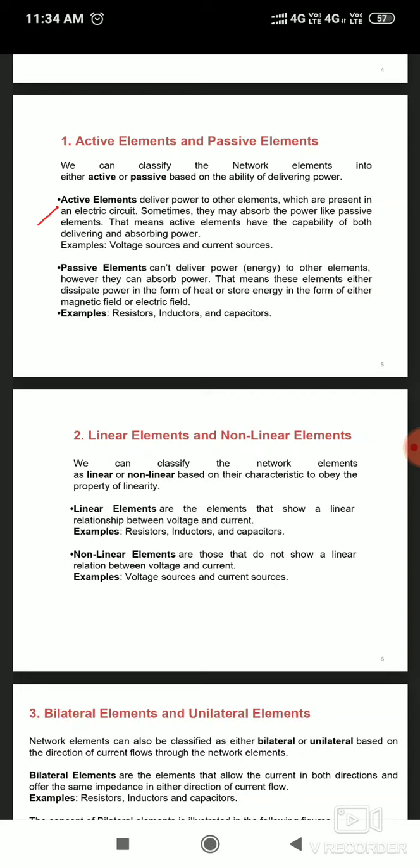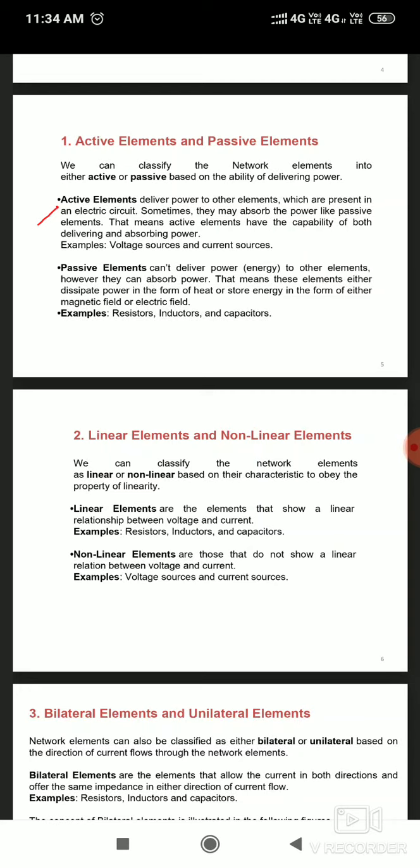Sometimes they may absorb the power like passive elements. It is not compulsory that they must deliver, but generally active elements will deliver the power to the others present in the electrical circuits. So active elements have the capability of both delivering as well as absorbing the power.